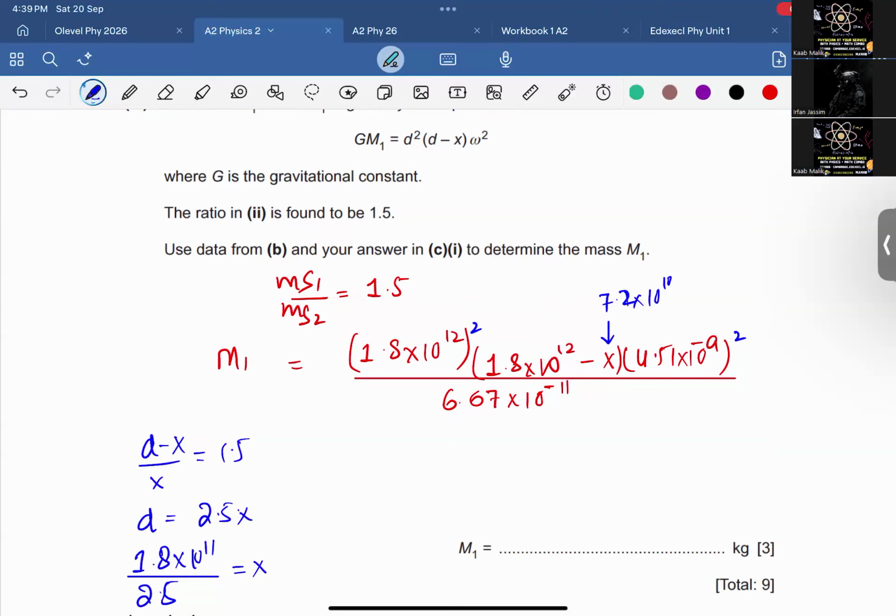D minus X, so 2.5 divided by D. I'm getting 1.7 into 10 to the power 30.